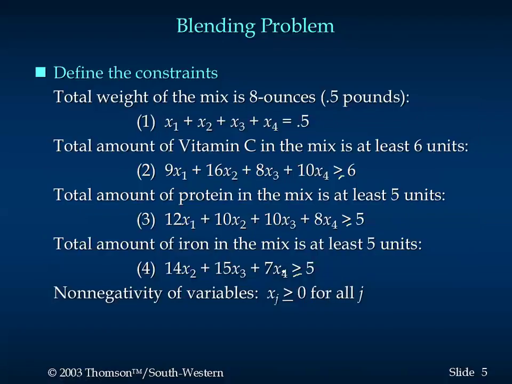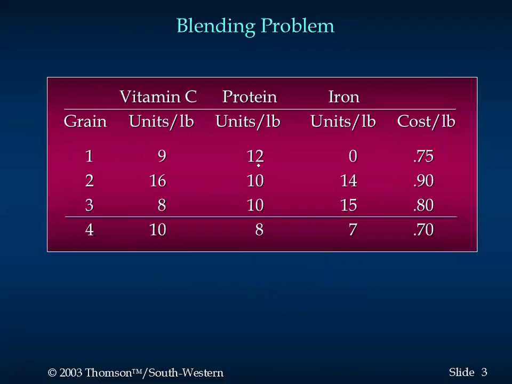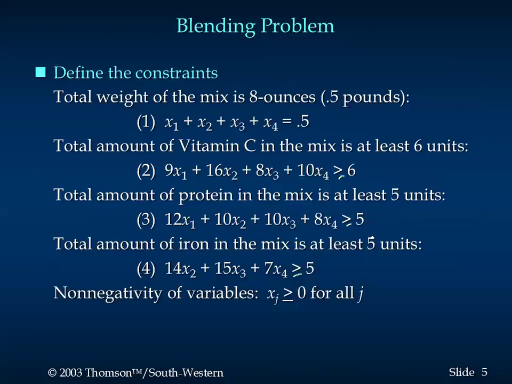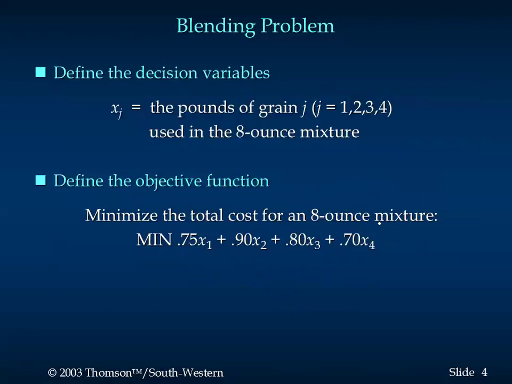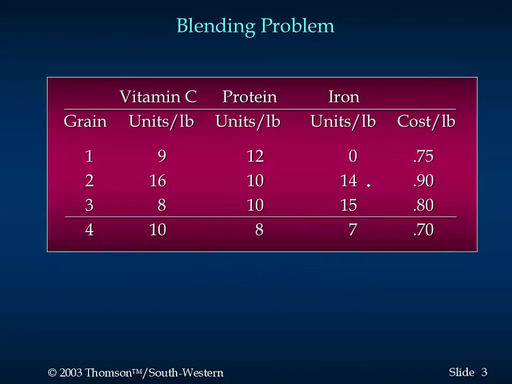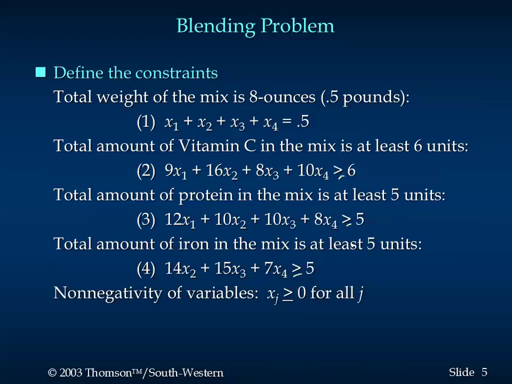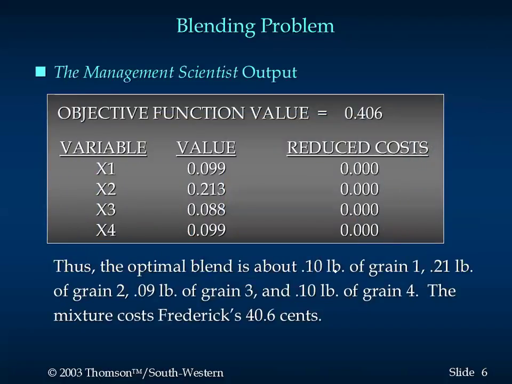Total amount of protein. What is the total amount of protein? 12X1 + 10X2 + 10X3 + 8X4. That should be greater than or equal to 5. And iron, 0 here, 14X2 + 15X3 + 7X4 should be greater than or equal to 5. And of course, all variables should be non-negative. Okay, and this is our optimal solution.